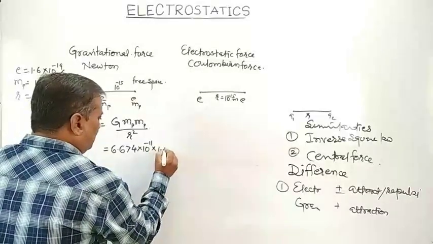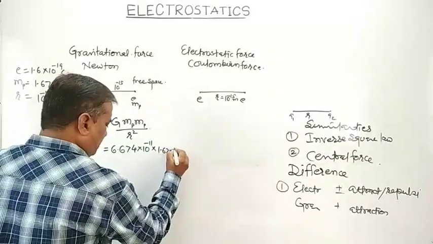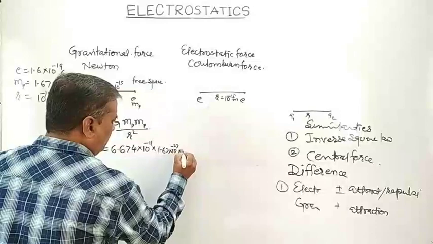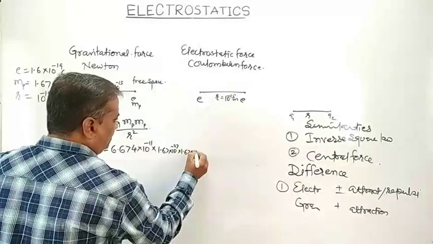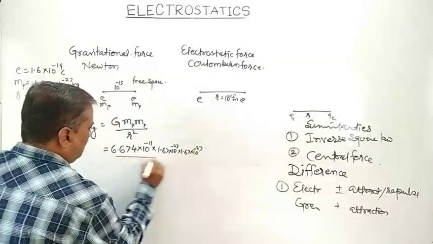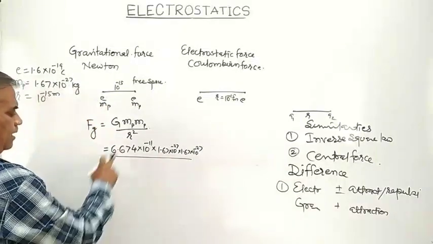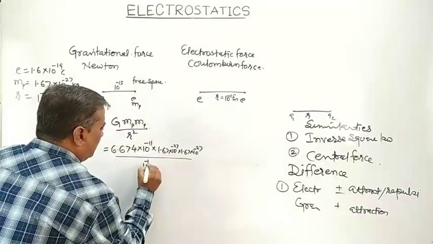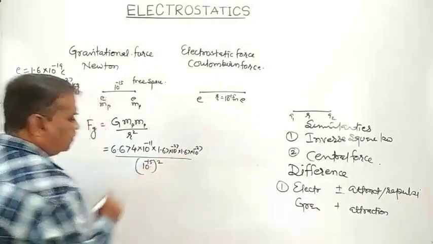Mass of proton is 1.67 into 10 to the power minus 27, into 1.67 into 10 to the power minus 27, and the whole divided by r square, which means 10 to the power minus 15 and its whole square.